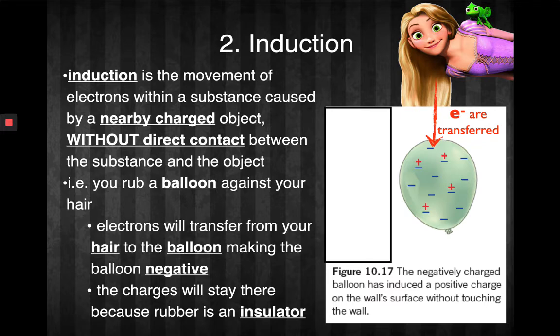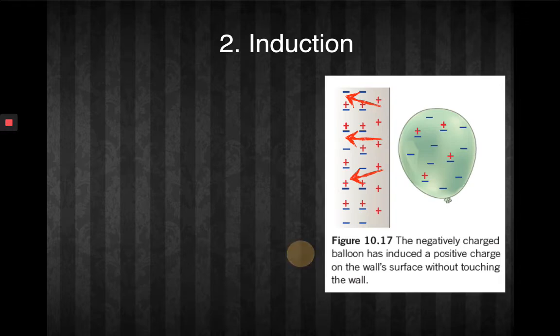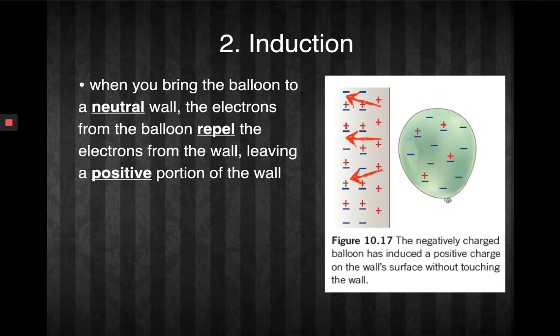Now what would happen is, when we bring our balloon to a neutral wall, the electrons from the balloon repel the electrons from the wall, leaving a positively charged part of our wall. So as you can see here in our diagram, our electrons are going away from our balloon in the wall.